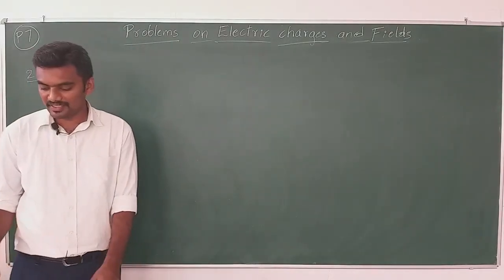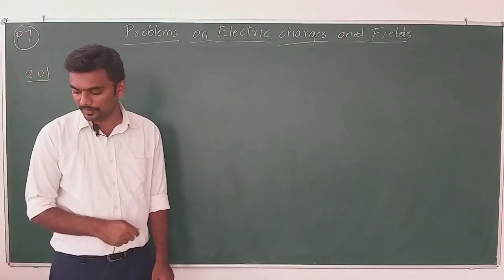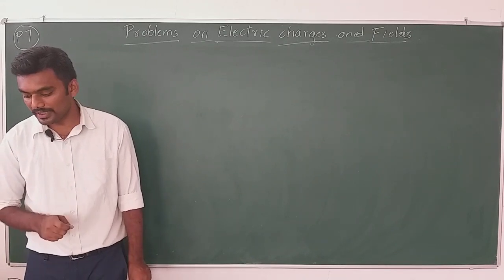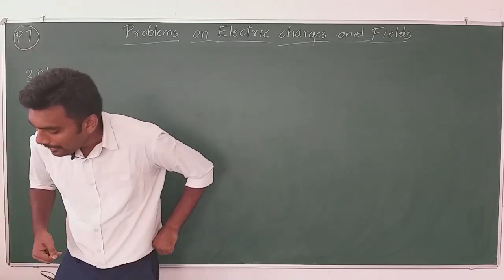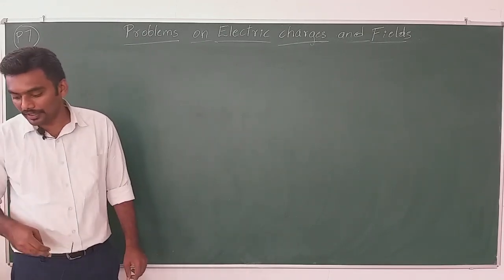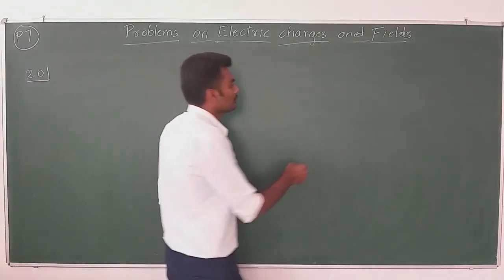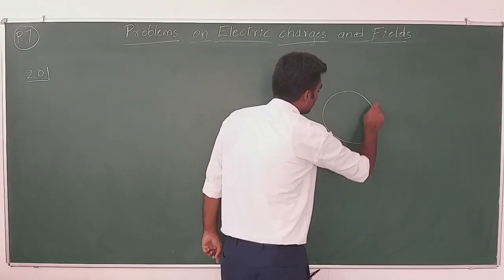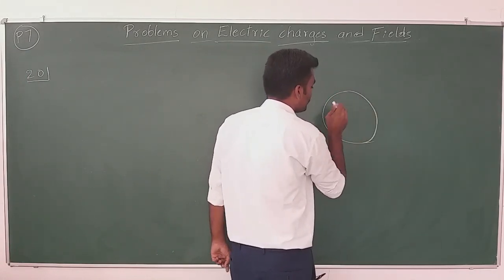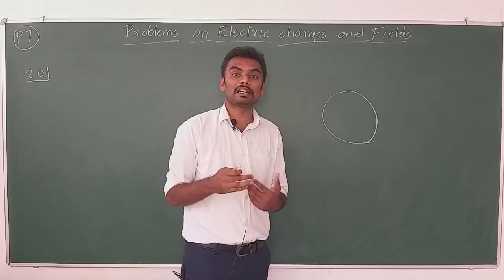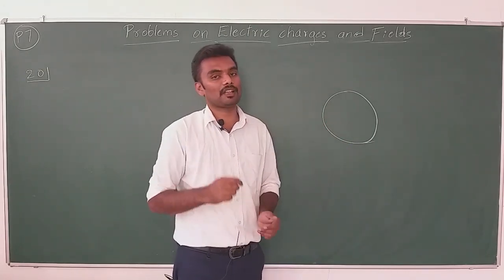A uniformly charged conducting sphere of 2.4 meter diameter has a surface charge density of 80.0 microcoulomb per meter squared. So we have a sphere again. It's a conducting sphere which is charged. The entire sphere is charged.